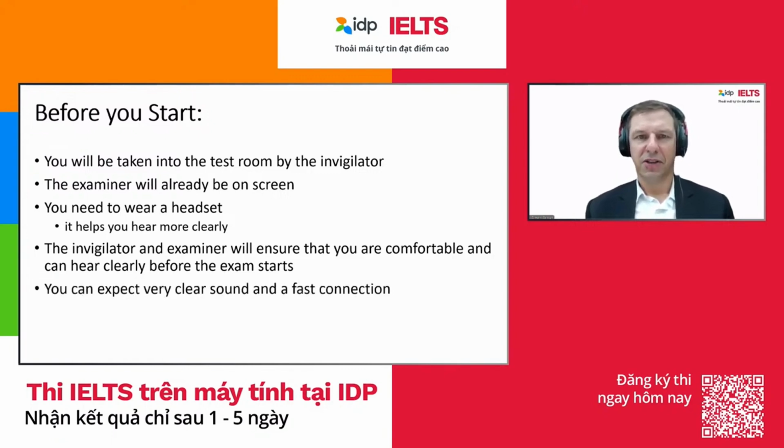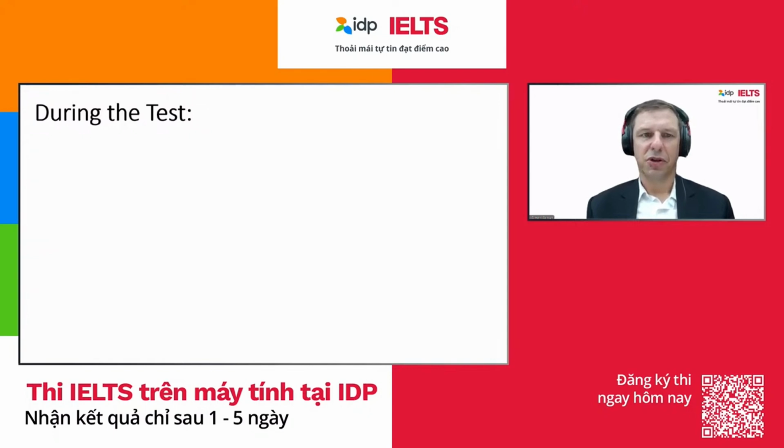Now, for the VCS test, you can expect a very clear sound and a fast connection, so there won't be any delay between what the examiner asks you and what you hear. So during the test, make sure you are always speaking clearly, as you would with the face-to-face test, of course.